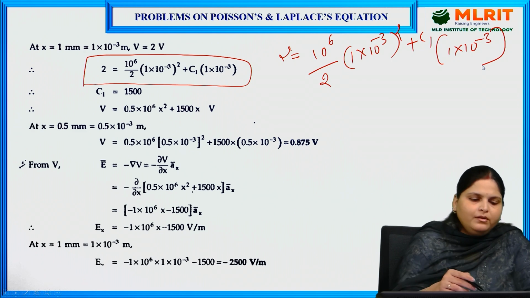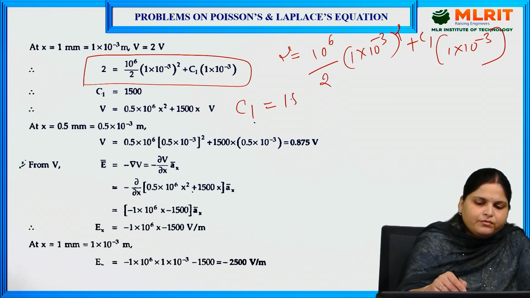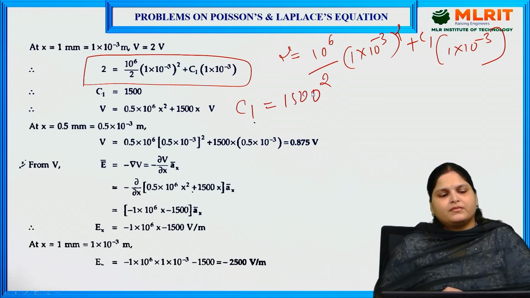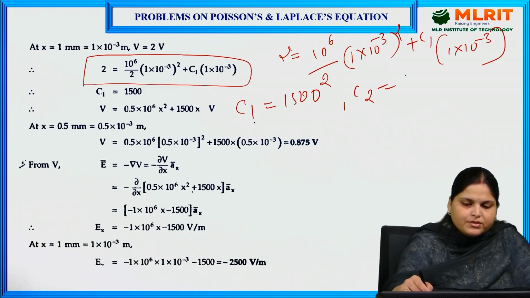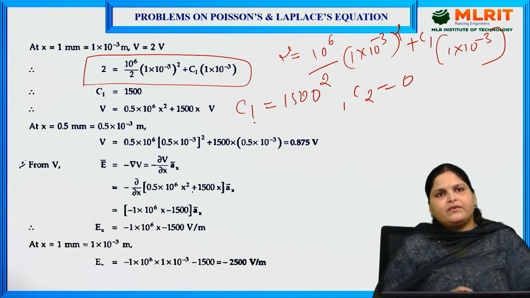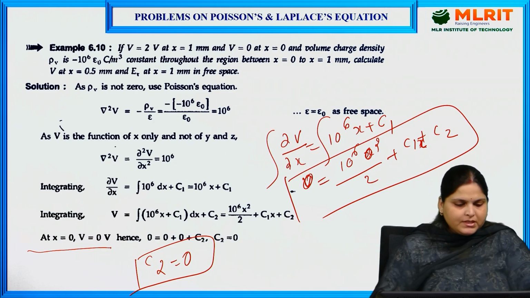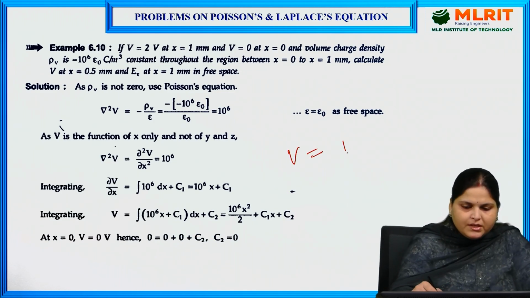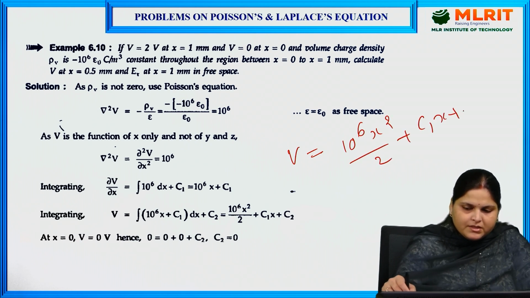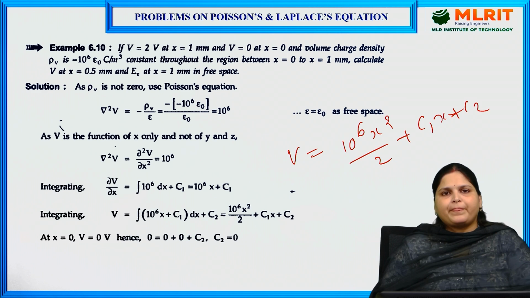So from here we will get c1 is equals to 1500, and from previous equation we have already got c2 is equals to 0. So c1 and c2 value we are going to put in this voltage equation. Which is the voltage equation? Voltage equation is 10 to the power 6 x square by 2 plus c1 x plus c2. Right?